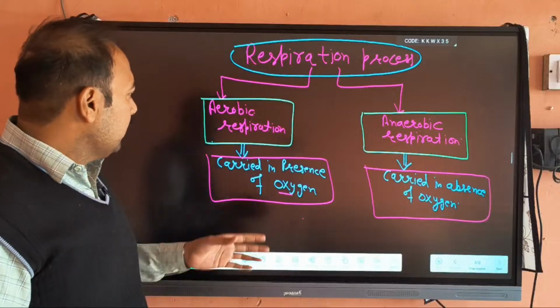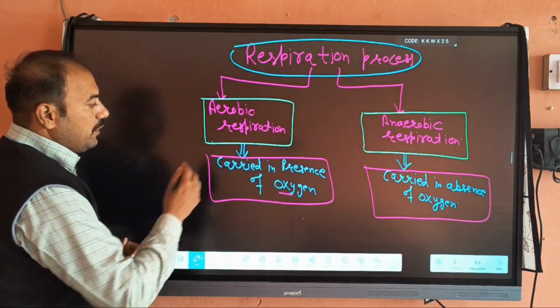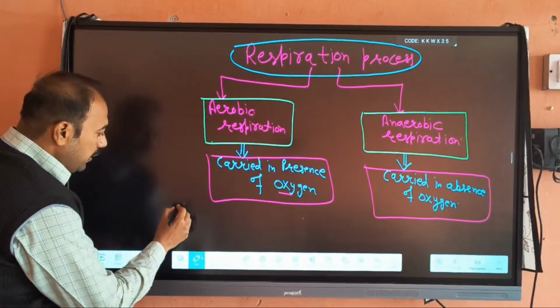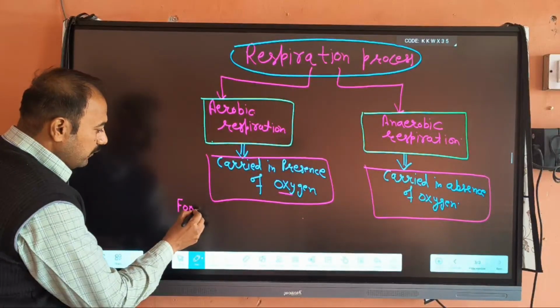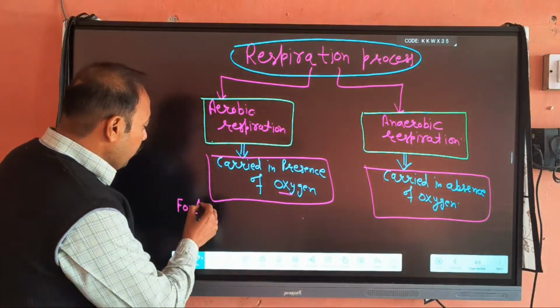So we can write the word equation here. It is carried out in the presence of oxygen. You write food, and this food is converted into glucose. What is the formula of glucose? C6H12O6.